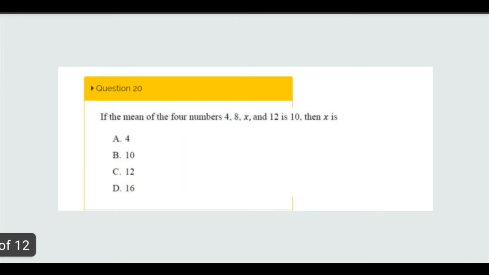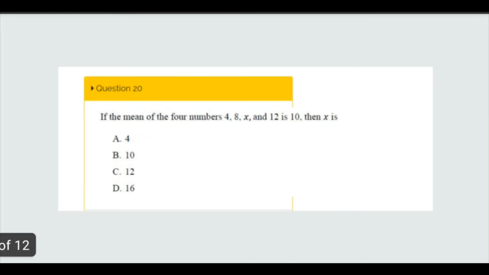Alright, so if the mean of four numbers, 4, 8, x, and 12 is 10, then x is equal to, once again, we gotta solve x, right? And we know mean is average, so we gotta find the average of these four numbers. They told us the average is 10.